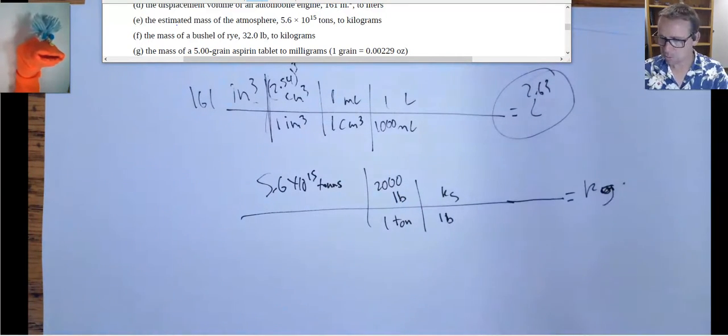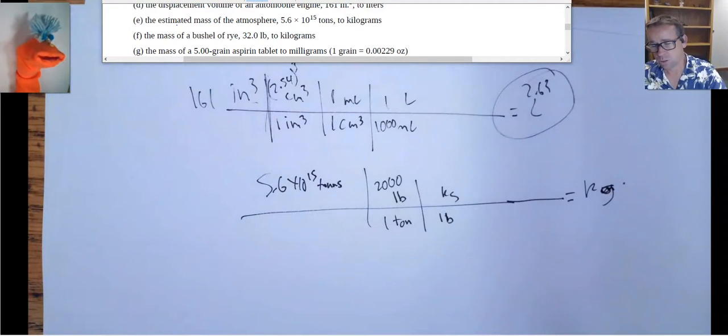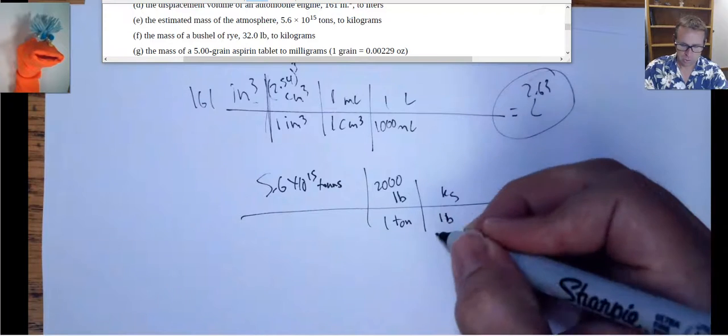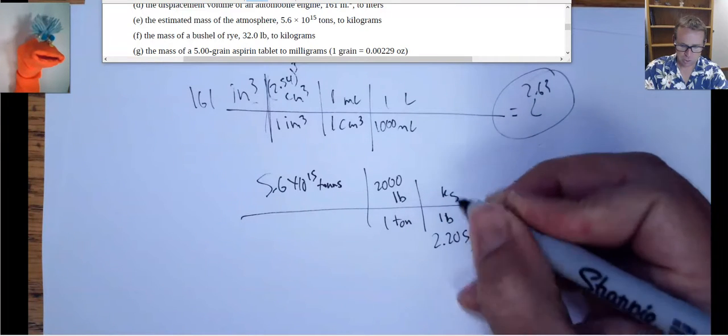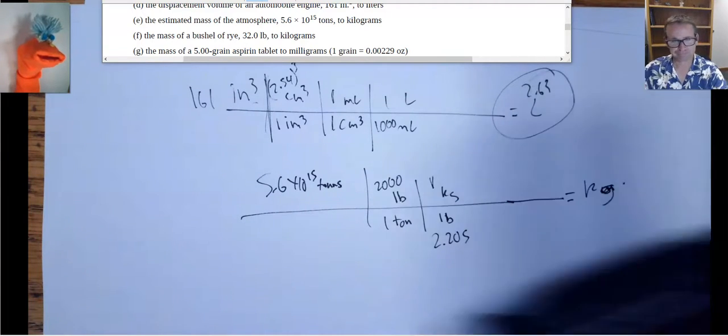And then, was it 2.205 kilograms per pound? Let's look it up here. 2.205 pounds per kilogram. 2.205 pounds for every kilogram.